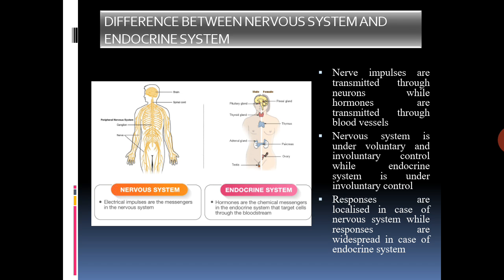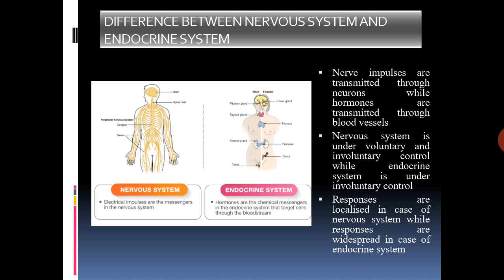In the endocrine system, hormones are the chemical messengers that target cells through the bloodstream. Nerve impulses are transmitted through neurons, while hormones are transmitted through blood vessels.